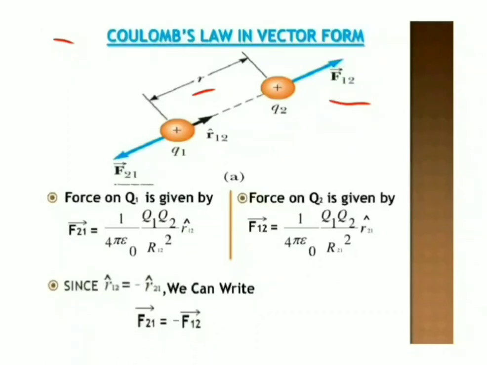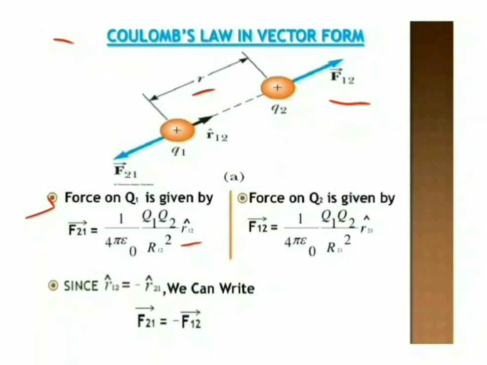And here we have a mathematical expression for the force on Q1, given by this formula, where F21 is equal to 1 by 4 pi epsilon naught Q1 Q2 by R12 square, and here we have a unit vector R12 cap. Its magnitude is equal to 1, so it doesn't change the value, but it is always used in vector form for direction purposes.